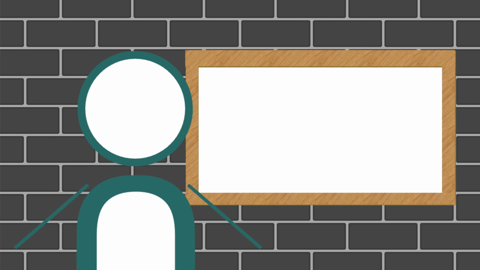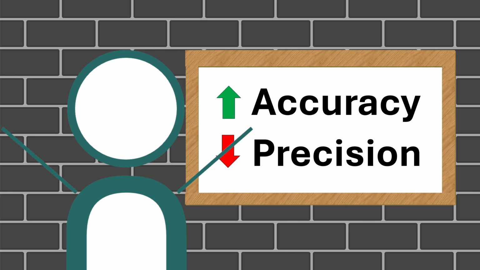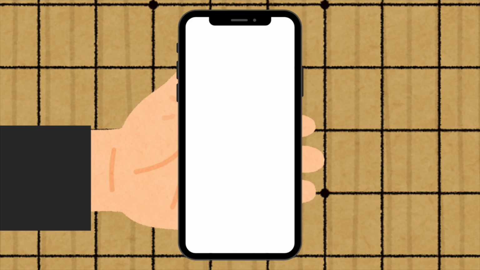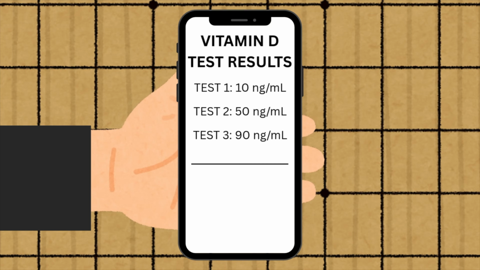The first situation is high accuracy but no precision. This means your results are scattered, but the average is close to the real value. For example, if a patient gets vitamin D test results of 10, 50, and 90 nanograms per milliliter, the average is 50 nanograms per milliliter, which is correct.